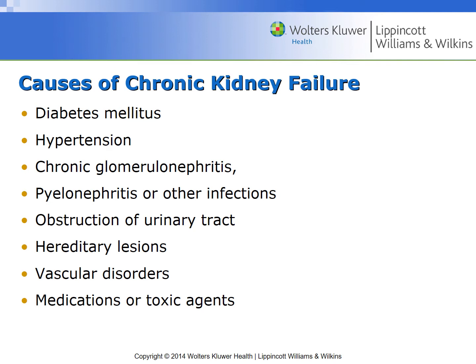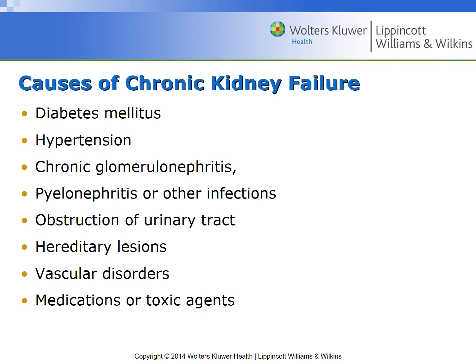Pyelonephritis is basically a kidney infection. A lot of times people will say, oh, I got a kidney infection, when in fact it may not be a kidney infection, it could be a bladder infection, but we're going to talk in great detail about kidney infections and bladder infections in class. But anyway, that can lead to chronic kidney failure.